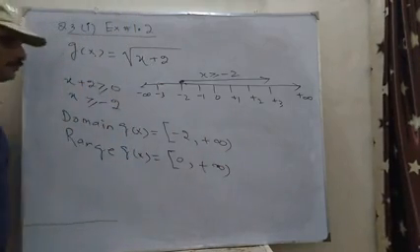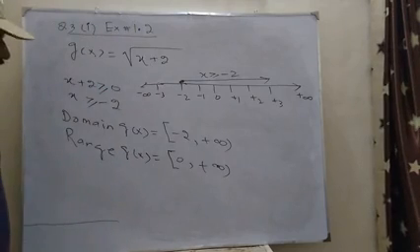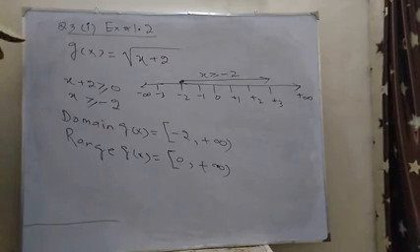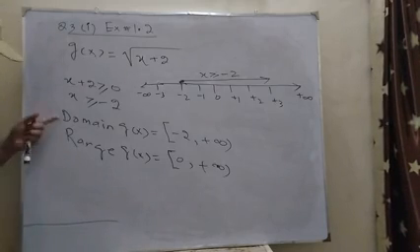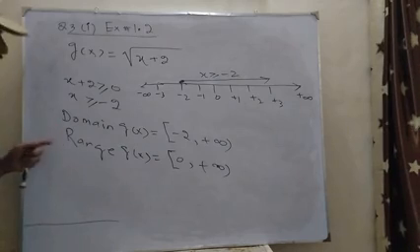In exercise 1.2, there is another question: beside calculating domain and range, find the domain and range of the inverse function without finding the inverse. So you just have to interchange the domain and range. When you interchange the domain and range, you will get the domain and range of the inverse function.